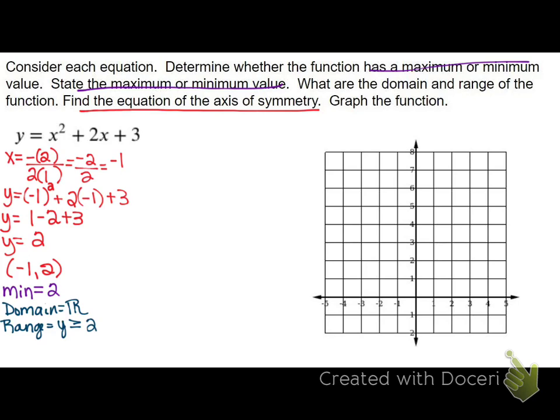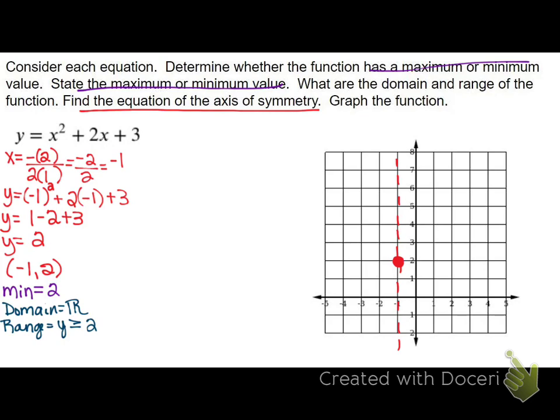So now we're ready to graph the function. But you and I both know from our previous problem, so far I can only plot the vertex. So what's my vertex that I'm going to plot? Negative 1, 2. Okay, so my vertex is going to be right here. My axis of symmetry runs through that vertex. So I know I'm going to have symmetrical points on my coordinate plane in order to plot my parabola. Now, how can I get another ordered pair to plot?